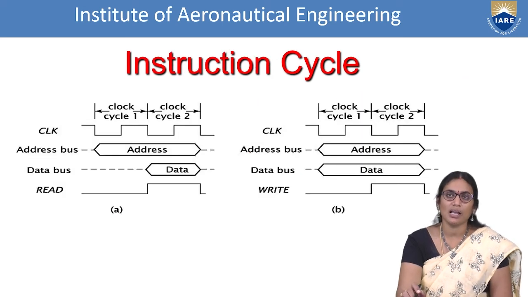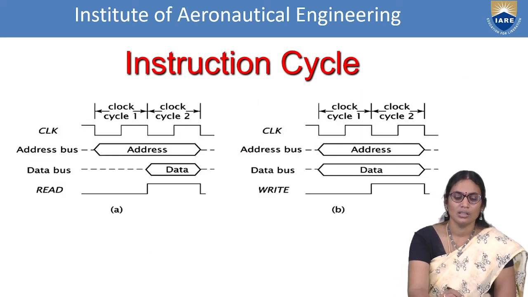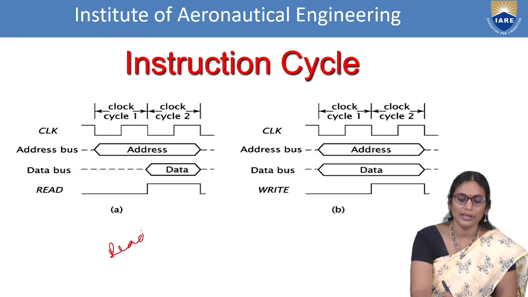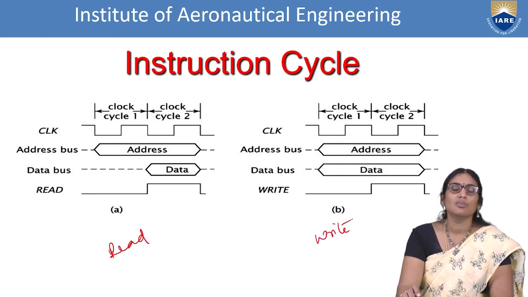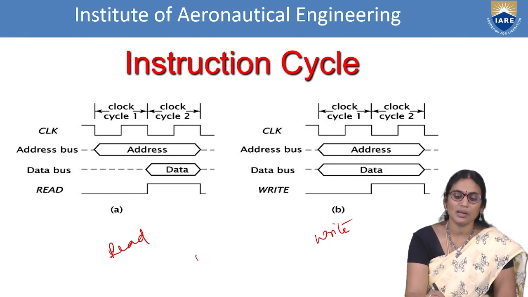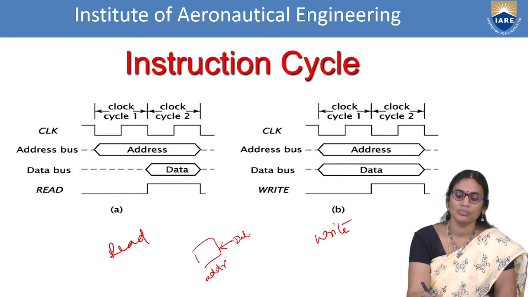So here is the timing diagram where you have to concentrate. This is a read operation and this is a write operation. If you observe this, what is the read operation I am doing? First I am getting the address. Next I am getting the data by initiating the read signal.